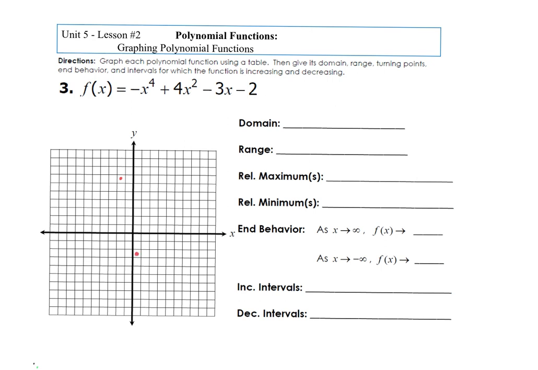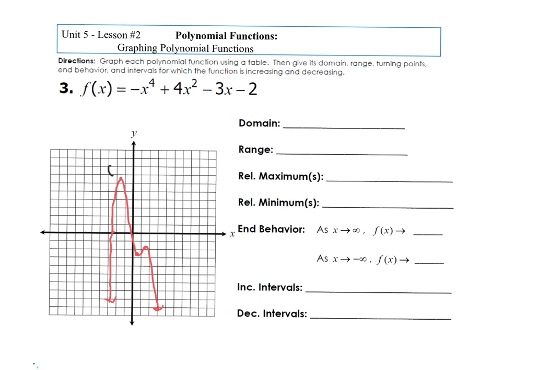Then it turns and goes back up to 1.16 for x and negative 1.9, so about negative 2. And then it turns and goes down again. So I'm just going to make a little sketch of this. I'm going up, down, up, down. Okay, that's my sketch.